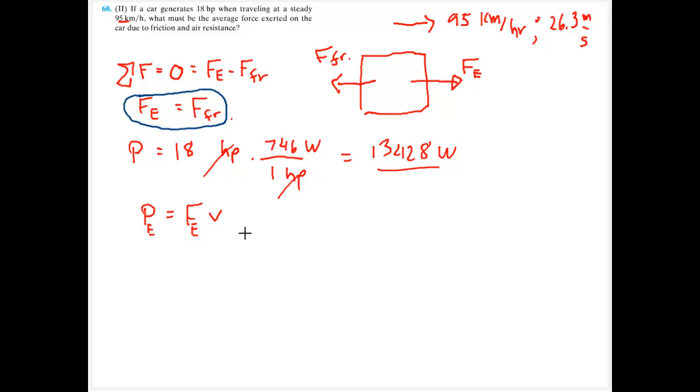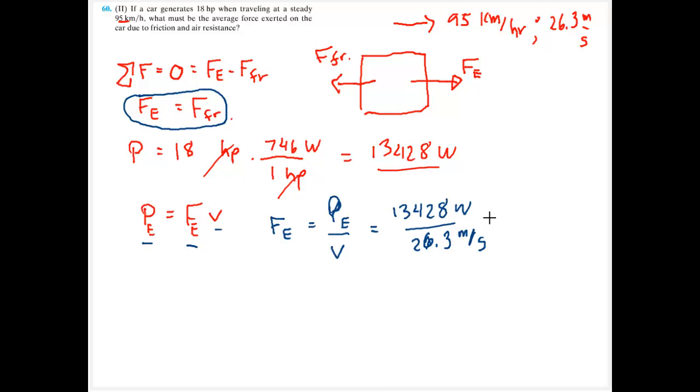So let's solve for the force of the engine. We know what the power is and we know what the velocity is. The force of the engine is equal to the power of the engine divided by how fast it is going. It's going to be 13,428 watts divided by 26.3 meters per second.